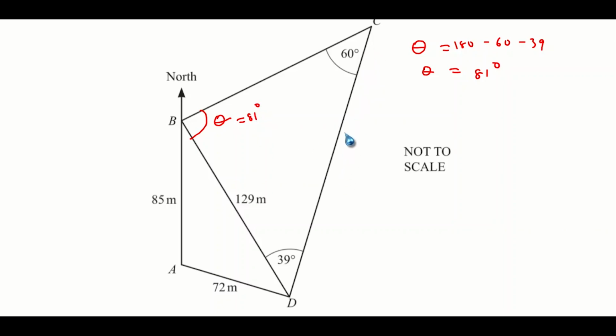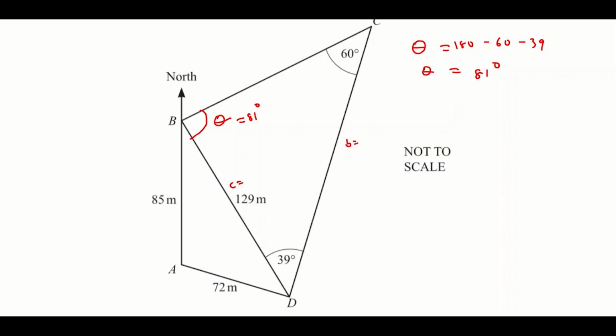So we can now use the sine rule. In order not to create confusion, I'll label this as side B, this as angle B, and this is angle C, so this will be side C here.